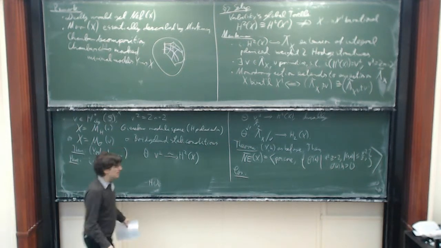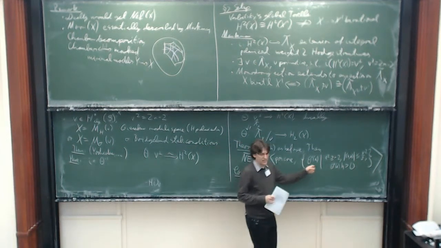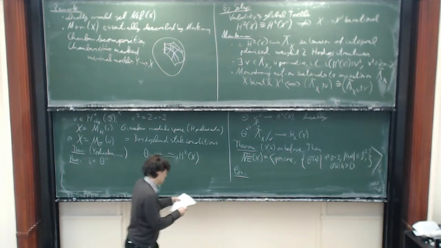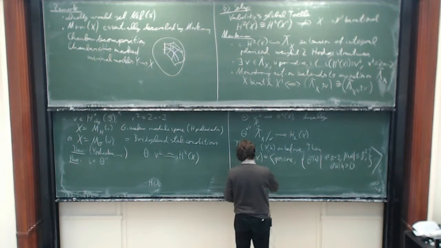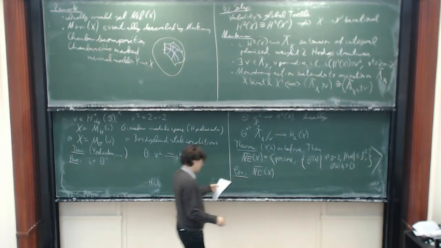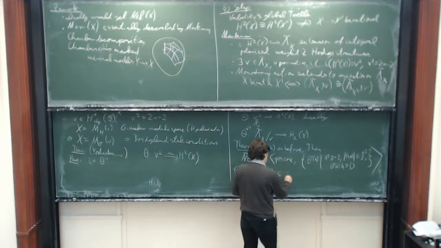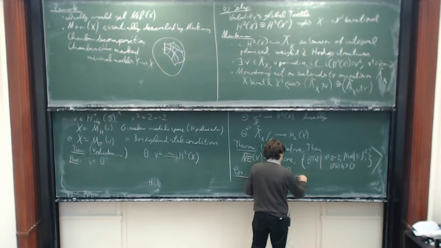It's easy to see that any such class satisfies the Hassett-Tschinkel inequality. So in other words, in the Néron-Severi group, the Mori cone is always contained in this Hassett-Tschinkel cone.